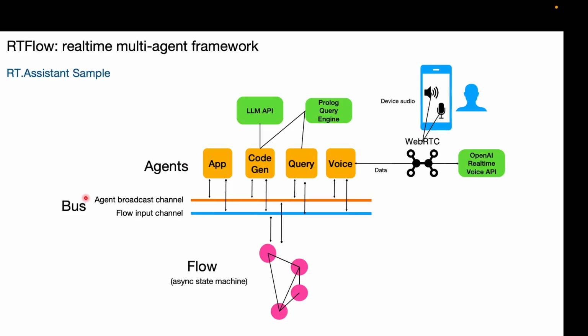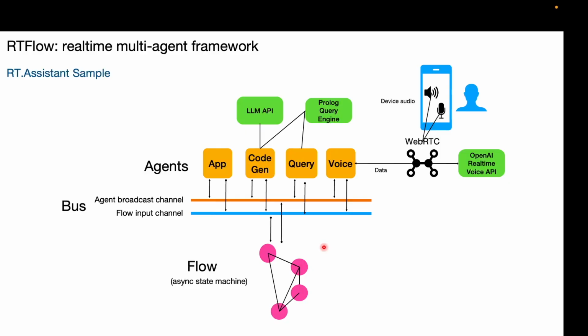The bus, of course, connects all the agents together and has a separate channel for the flow. The idea here is that if agents are relatively autonomous, then they can just communicate with each other over this broadcast channel that connects all of the agents. And the flow can be just a minimal way of controlling the overall system.